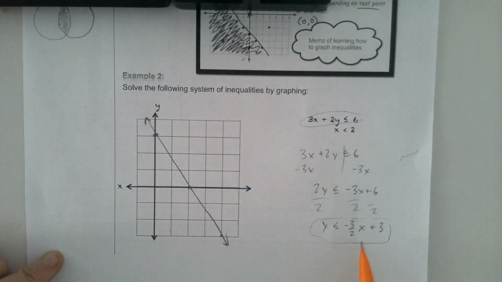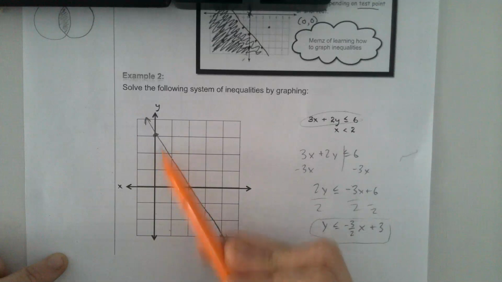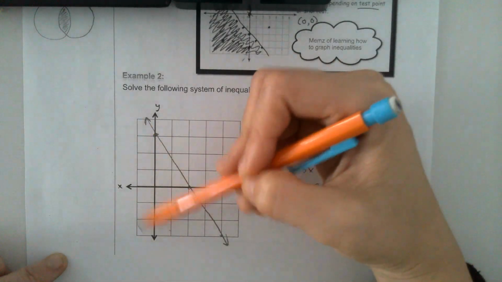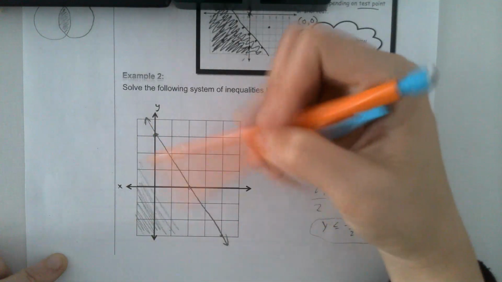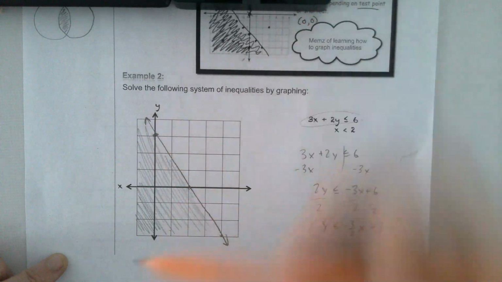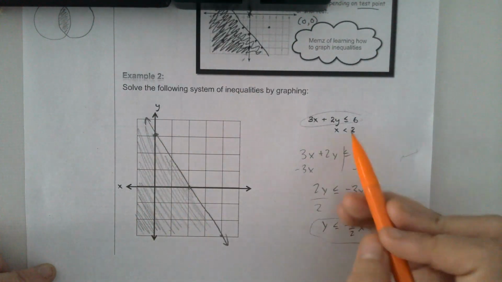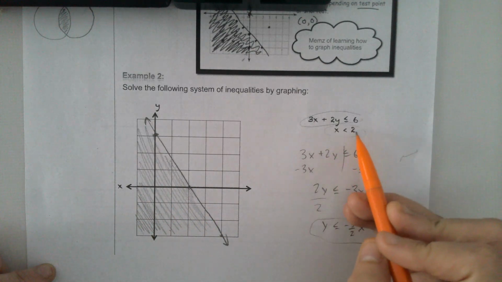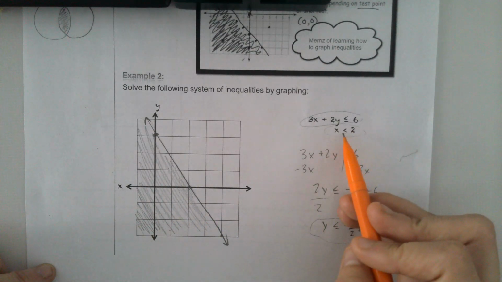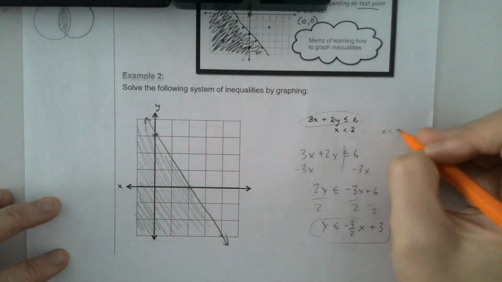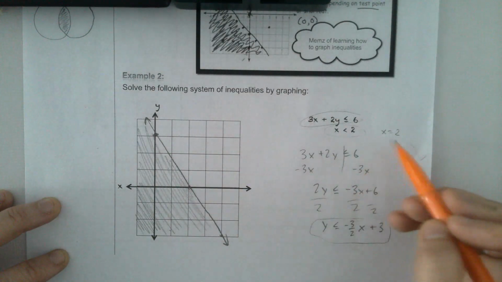And then we shade it. We could put in a test point, or we could see that this is less than, so we're going to go under the line. It's helpful to go one direction. And then for this one, we have x is less than 2. You want to think of it like x equals 2. These are going to be vertical lines.